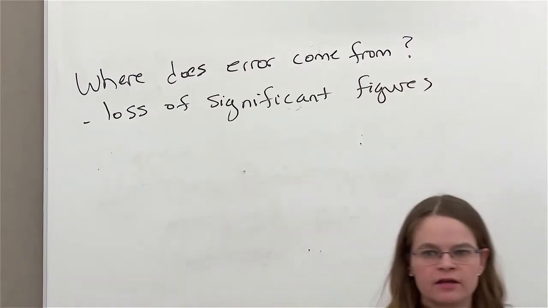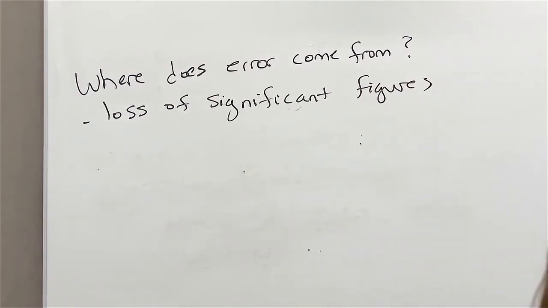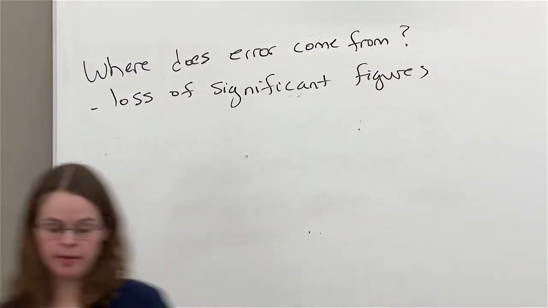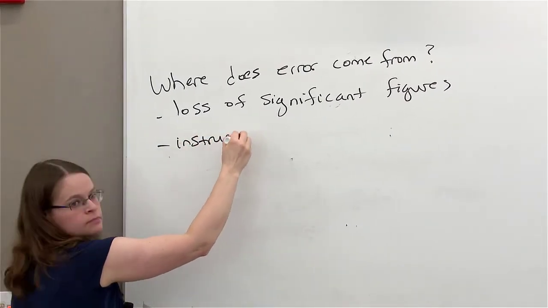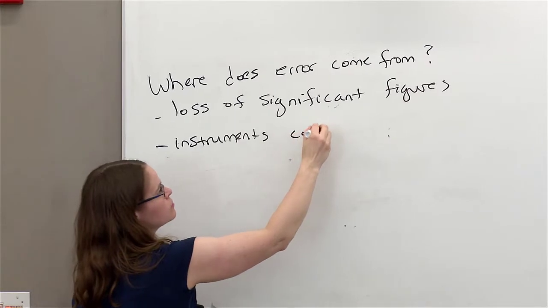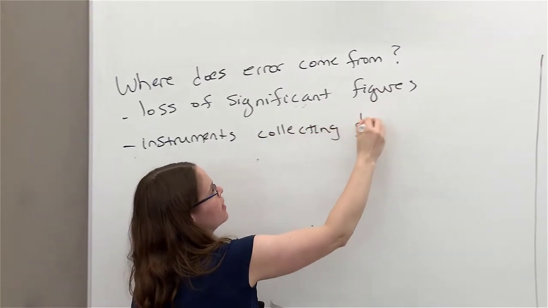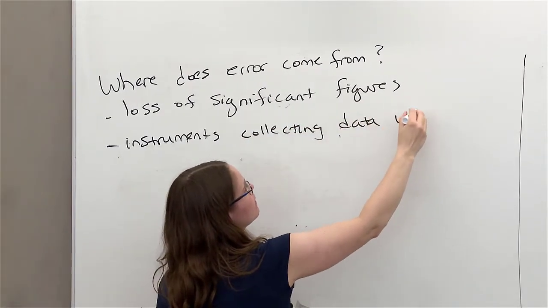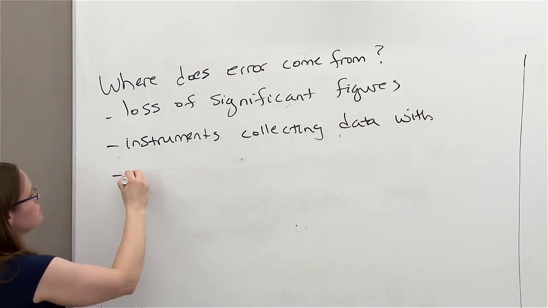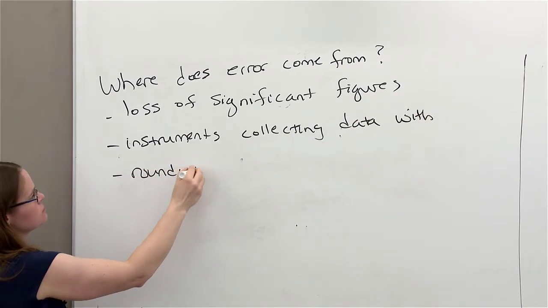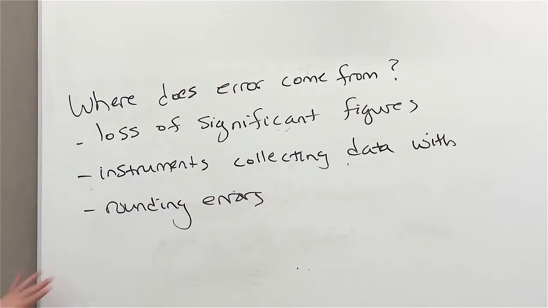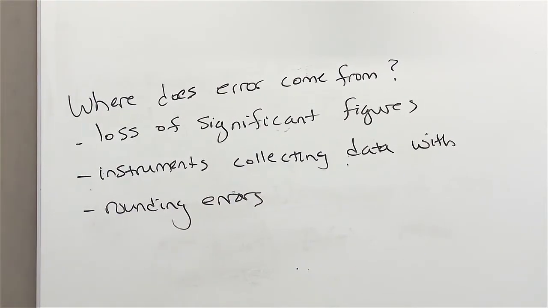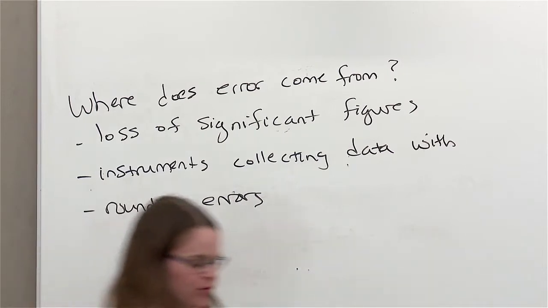The instruments you're collecting your data with, yeah. Also, rounding and chopping. So rounding errors. Rounding errors are sort of related to loss of significant figures, although there are different sources where this can happen.